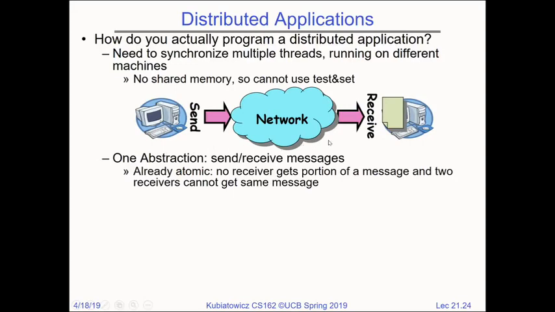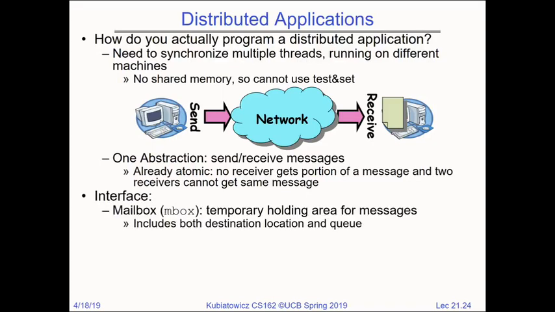So what's interesting about message send is it's an atomic operation. It either makes it all the way there and the checksum is correct, or it doesn't make it there. So it either goes all the way or not. So it's atomic. And so you can construct all sorts of things out of that. Sometimes there's a mailbox interface, which is a temporary holding area for messages, which is basically the queues at either side.